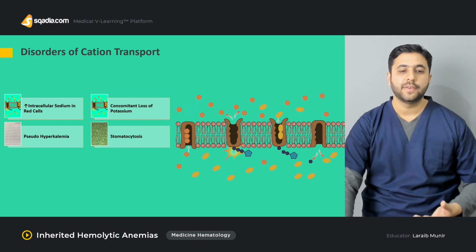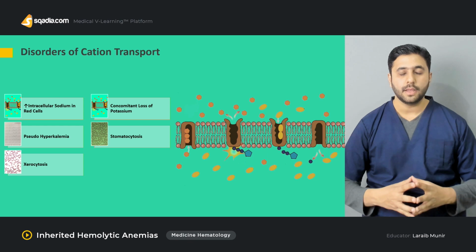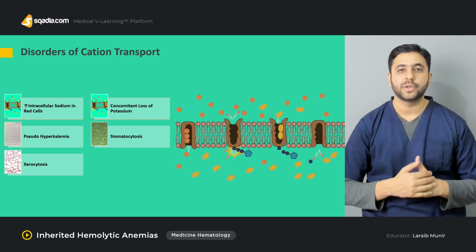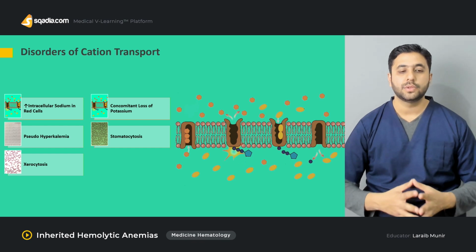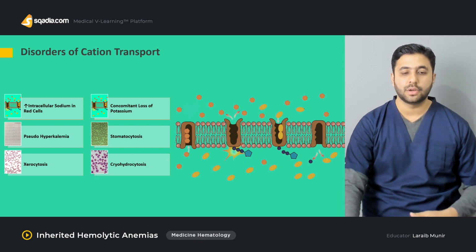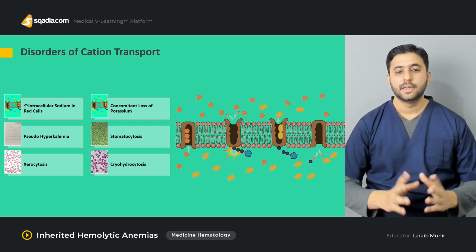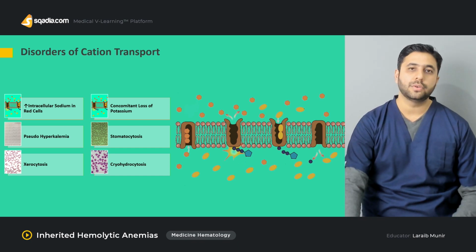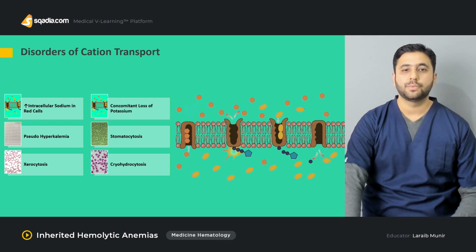That can also lead to development of stomatocytosis, in which stomatocytes are present in the peripheral blood film, or because of the loss of potassium and increase in the intracellular sodium concentration, the cells might be dehydrated, and that has led to the development of xerocytosis or cryohydrocytosis. These terms are used for the dehydration of the RBCs. So this is all you have to realize or understand regarding the cation transport problems.